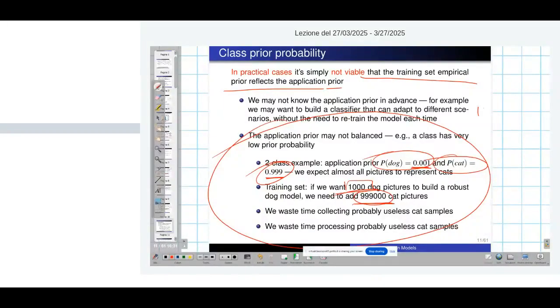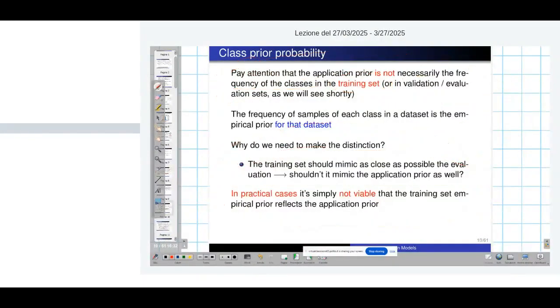Probably I can build good models with pictures of dogs and cats that are similar, and if I can build good models that can adapt to different prior probabilities, I don't need to have a training set which has the same empirical prior as my application. So here we have at least two priors. We have the application prior, which may change from application to application.